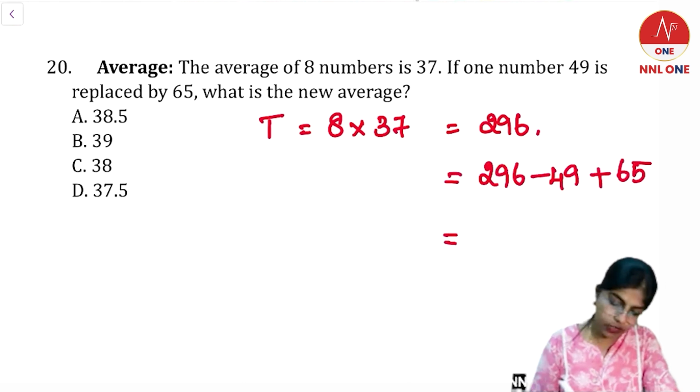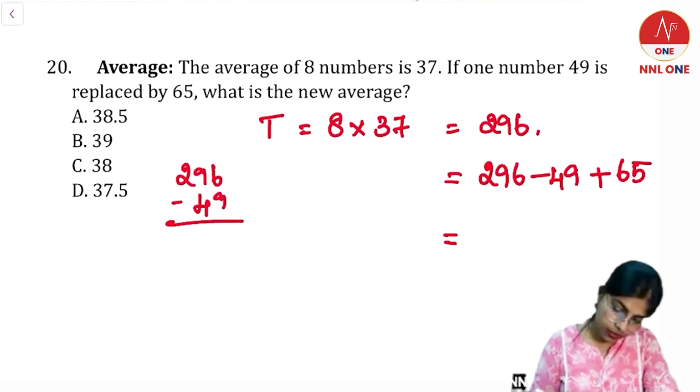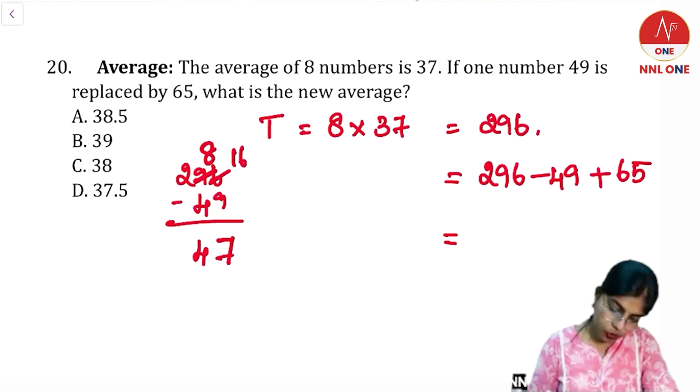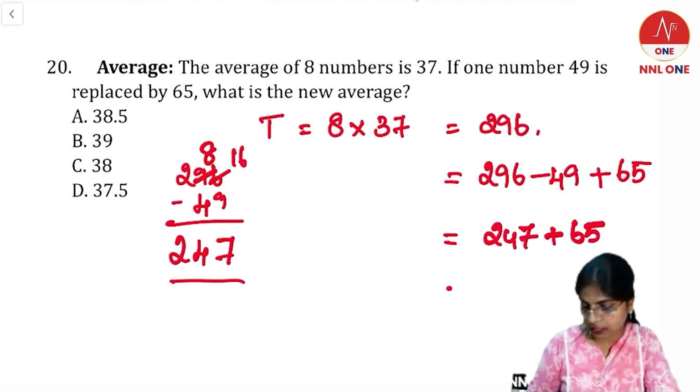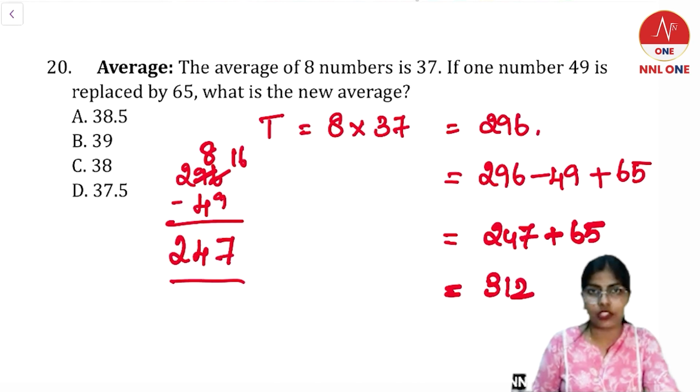296 minus 49. What is 296 minus 49? We are going to cancel it here. 16 minus 9 is 7. 8 minus 4 is 4. 2. So 247 plus 65 is 312. So what is the question asked here? What is the new average?